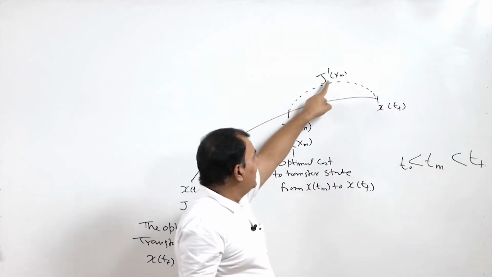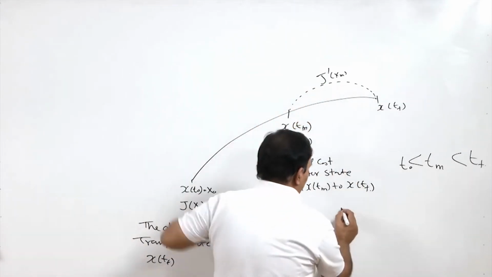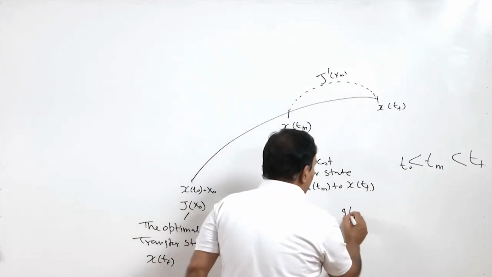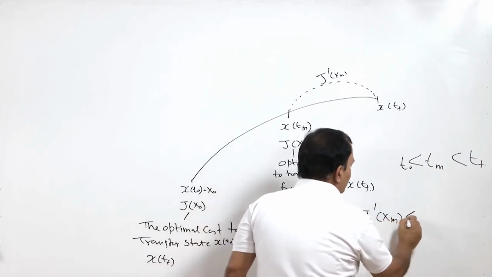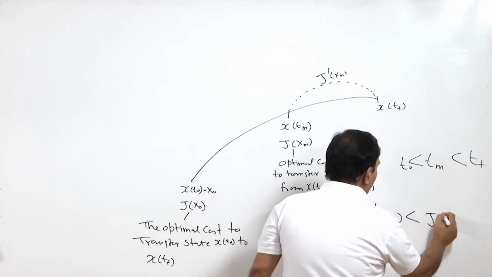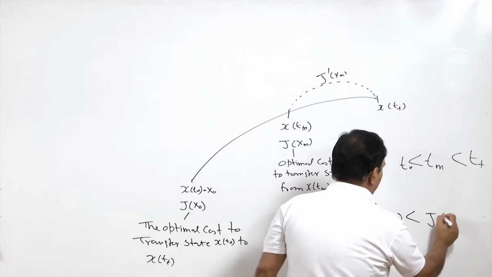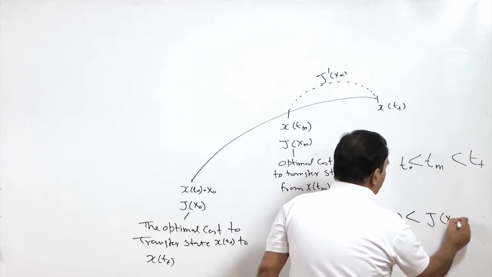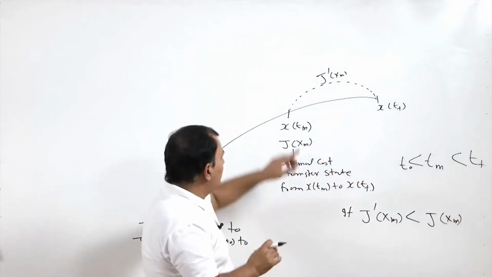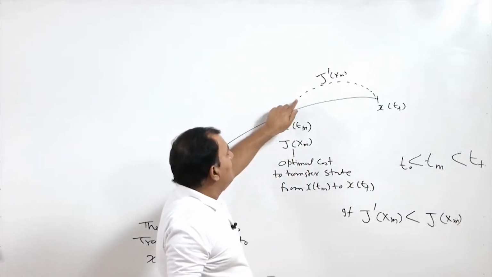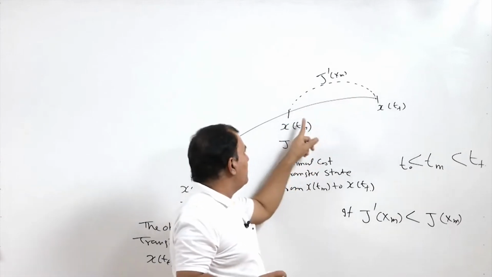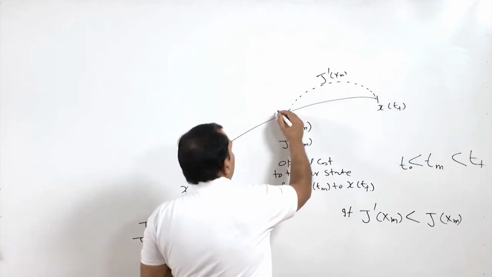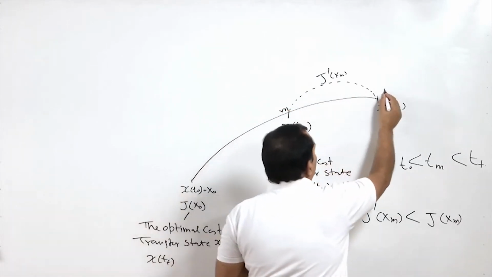If my J'(xm) is less than J(xm), this means, let us consider this is my optimal path from point m to point f.